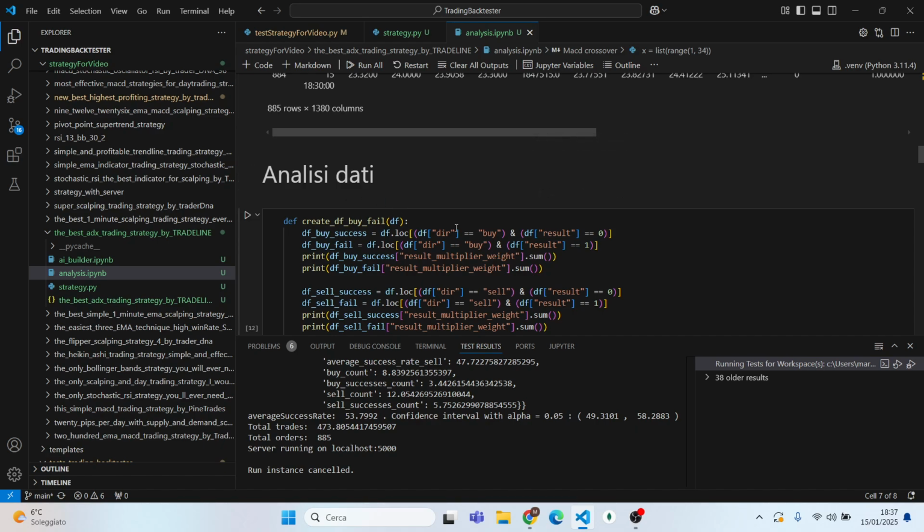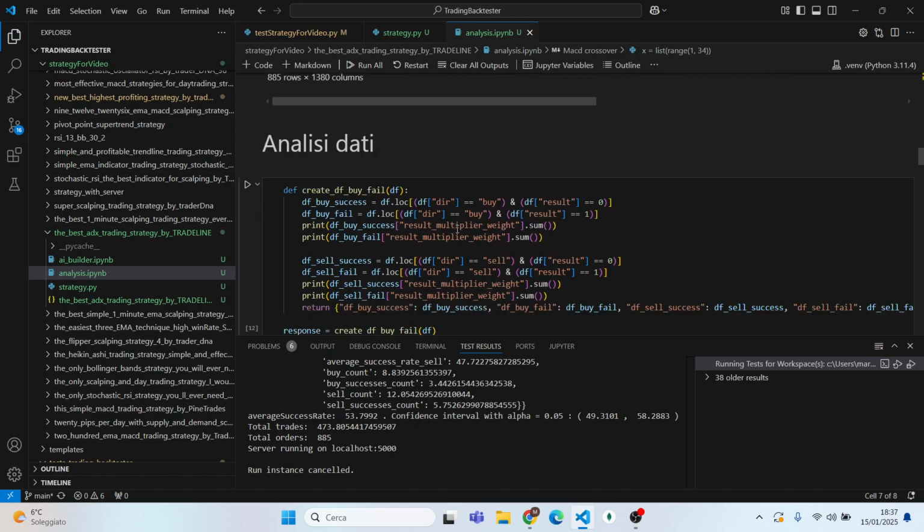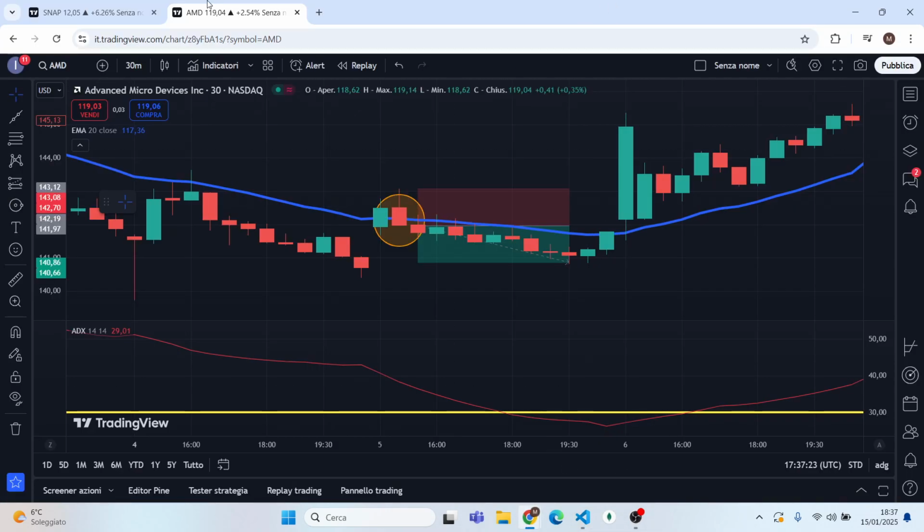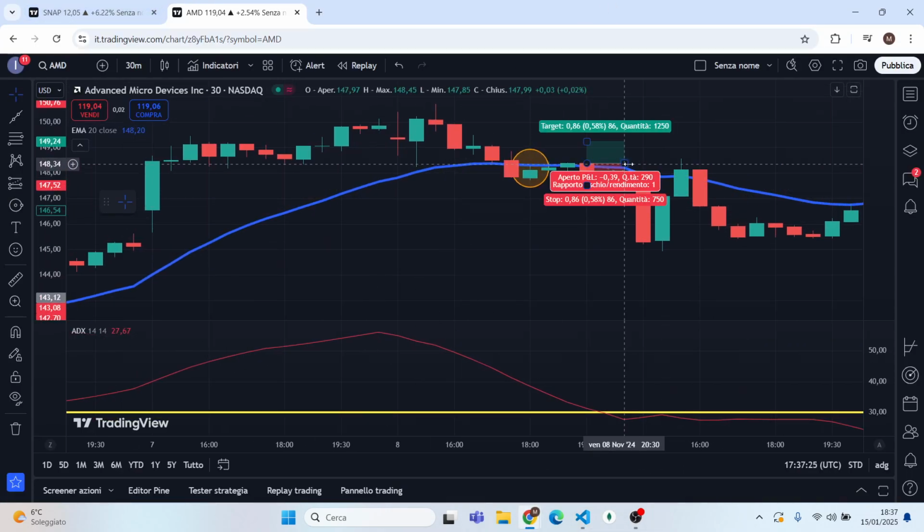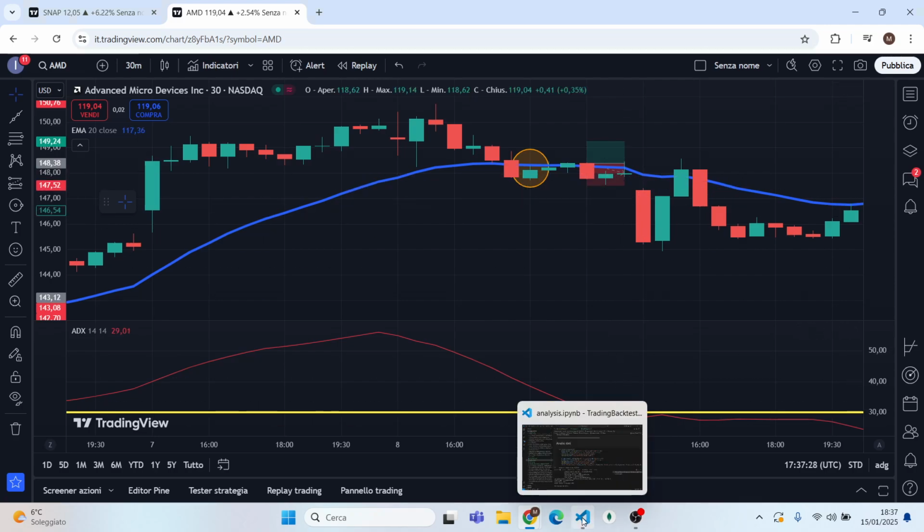Trades are different from orders because some orders can be filled, but the trade from this order may be half or lower. You don't know. As you can see, this one was not a complete trade, it was half of a trade.